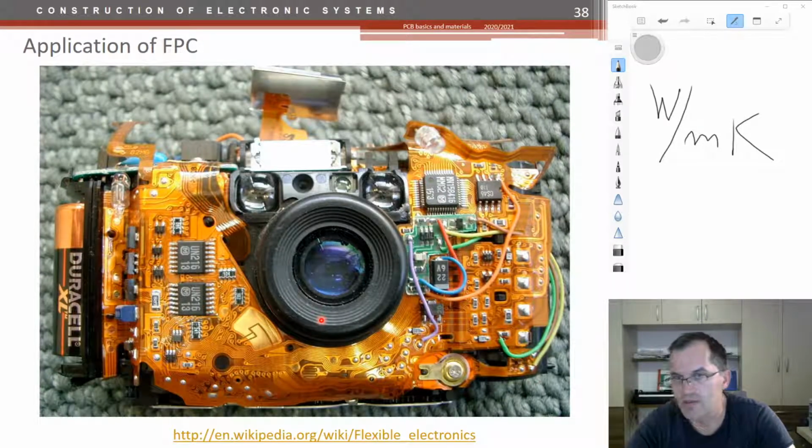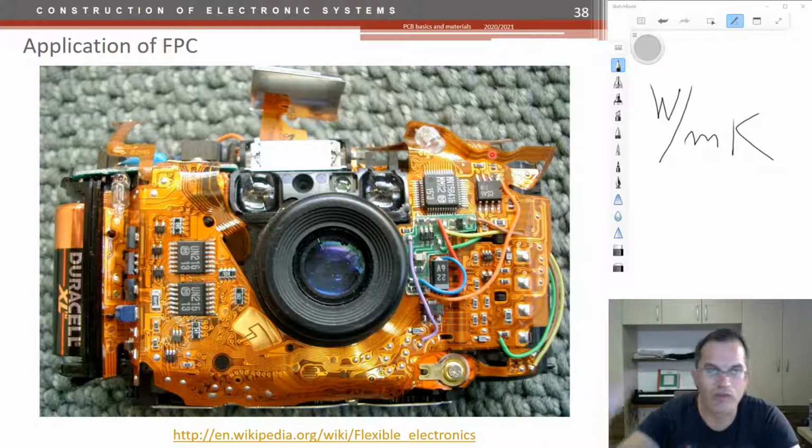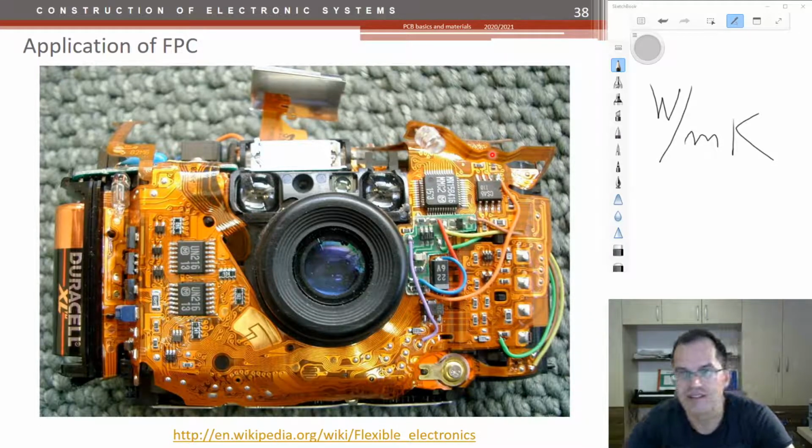This is also an example of such an electrical circuit that has some space constraints, and they made such a PCB directly to be part of the housings, or to be, let's say, adjusted to the shape of the case.